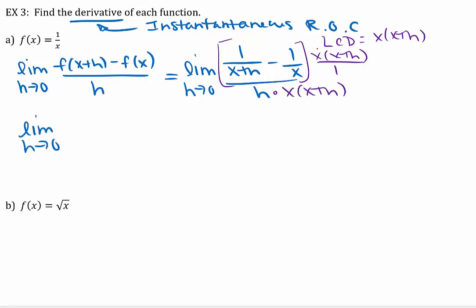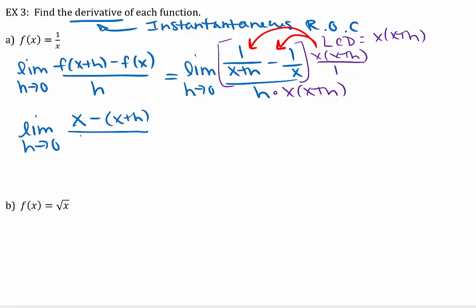In the numerator, when I multiply that first term by x plus h, the x plus h's cancel, and I'm just left with an x. When I multiply the second term, the 1 over x, by the LCD, the x's cancel, and I'm left with an x plus h.